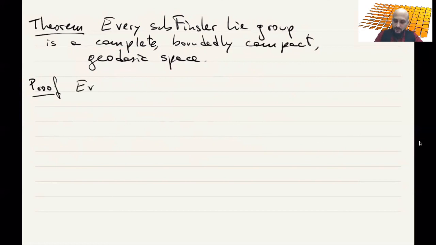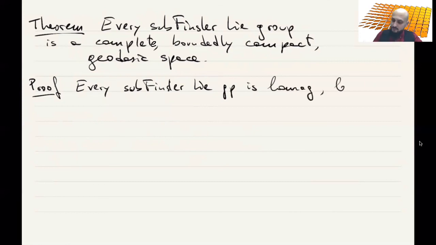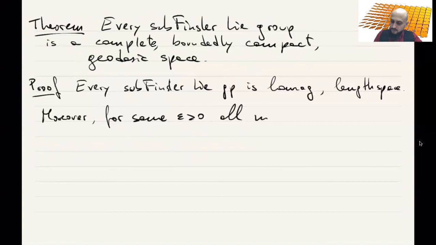Every SubFinsler Lie group is homogeneous. We just discussed it, and it's a length space because Carnot-Carathéodory distances are defined as infimum of lengths. Moreover, for some epsilon greater than 0, all metric balls of radius epsilon are compact.